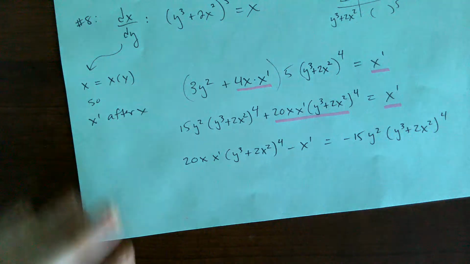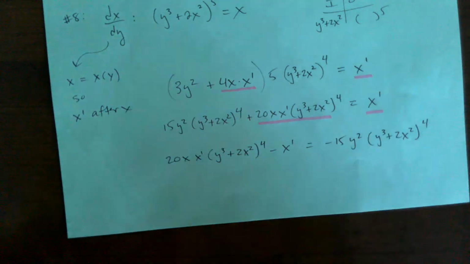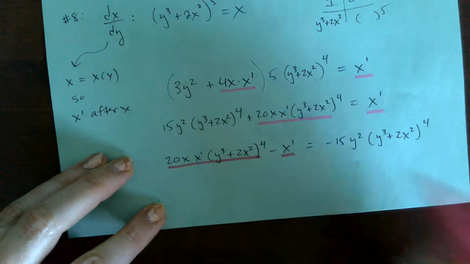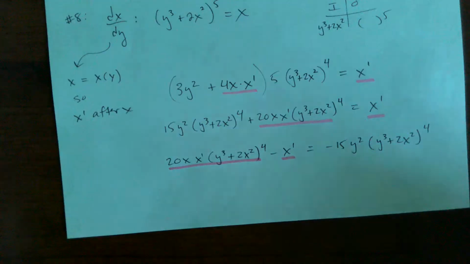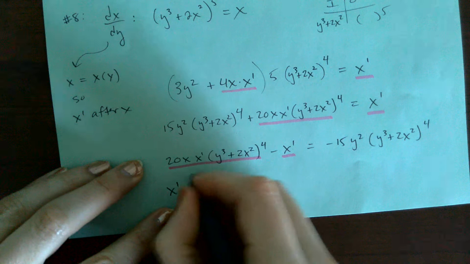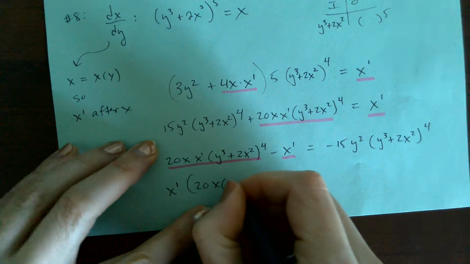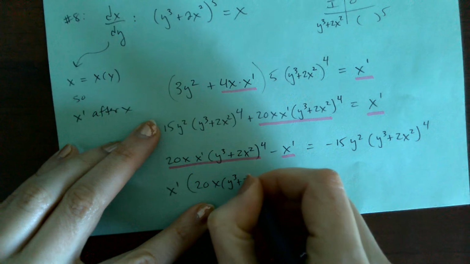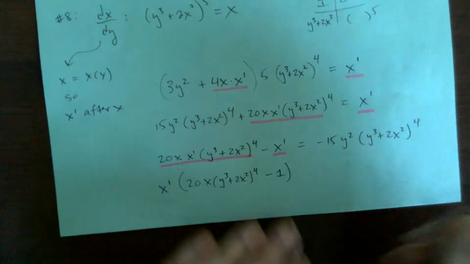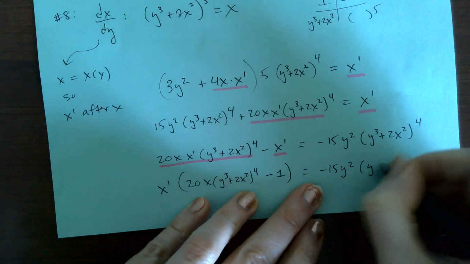Okay, now both of these terms, this is a single term, that is a single term, and I can take the x prime out. When I take the x prime out, I've got 20x, y to the third plus 2x squared, to the fourth, minus 1. That's negative 15y squared, y to the third plus 2x squared, to the fourth.